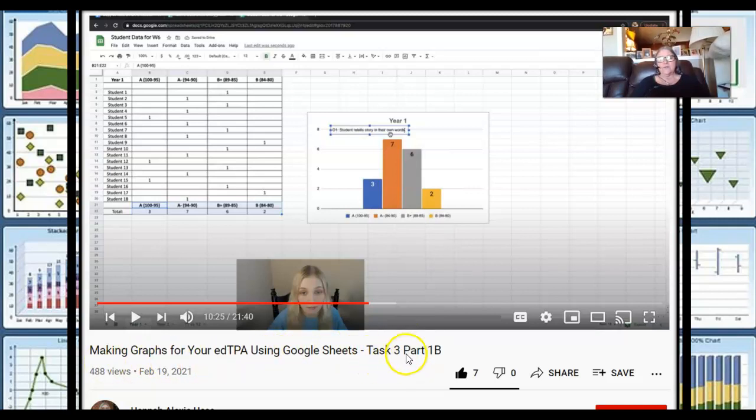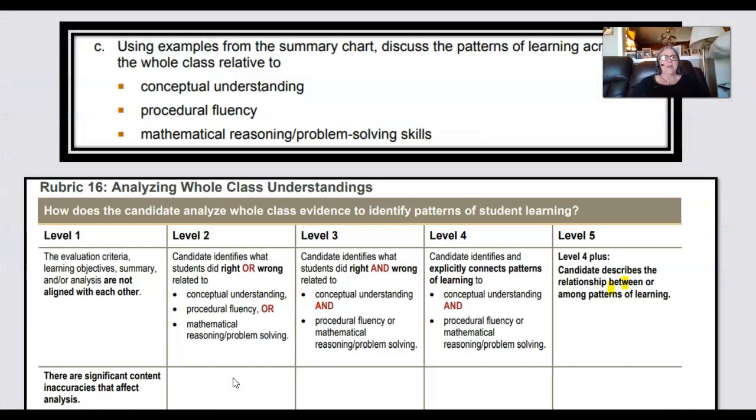Now, she made this for Task 3, Part 1B, but it's the exact same skill that you need for Task 4, prompt 1B. She goes through it in 21 minutes. She's going to make you an expert on how to make these wonderful graphs. This is a really good video. Best one I've seen out there. Okay.